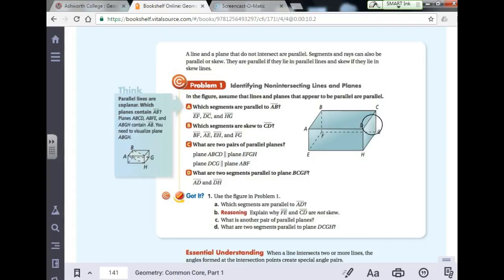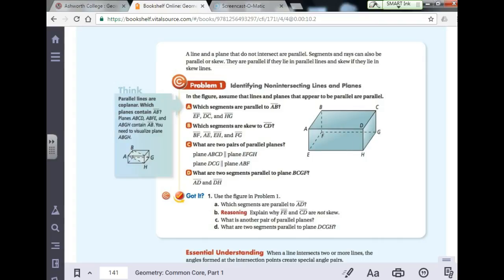This left one over here is never going to cross this right one over here. This front one here is never going to cross this back one back here. So there's several pairs of parallel planes. They name a couple of them there. Notice how you name a plane. Plane ABCD, which is that top one, is parallel to plane EFGH, which is the bottom one, just like we said. That one's parallel to that one.